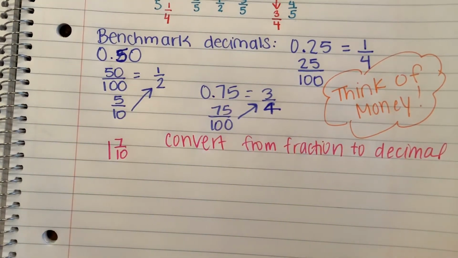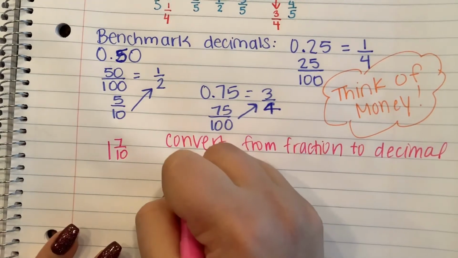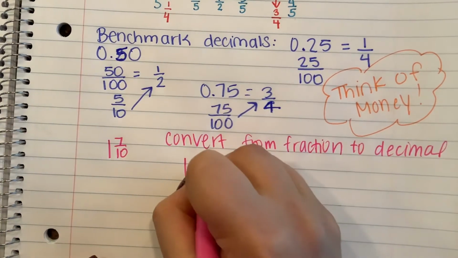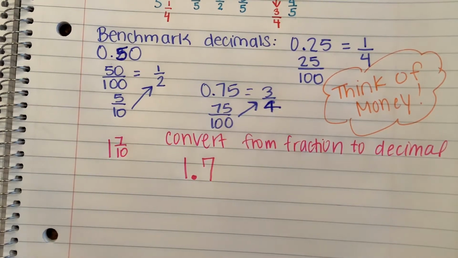Okay, so we are going to take our 1 whole, and that goes in front of the decimal point, and then we have 7/10. So even though we've written this as a decimal, we still read it mathematically by saying 1 7/10.